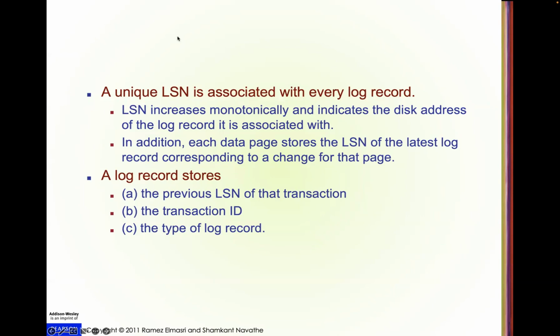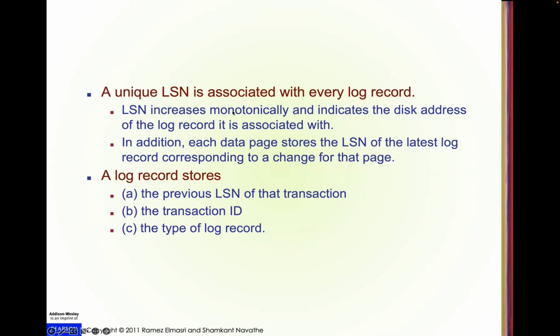It's like academic IDs: the new student who comes gets an increasing academic ID, right? So either increasing or decreasing is called monotonic. It continuously increases or continuously decreases to maintain uniqueness.